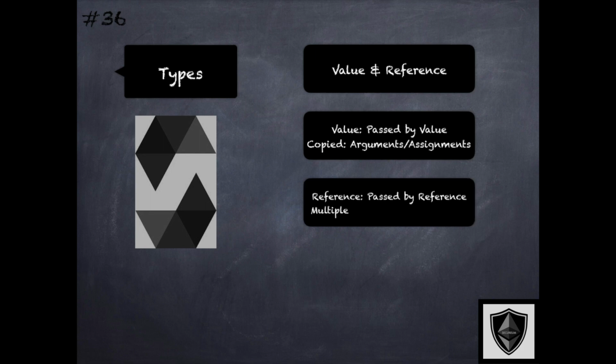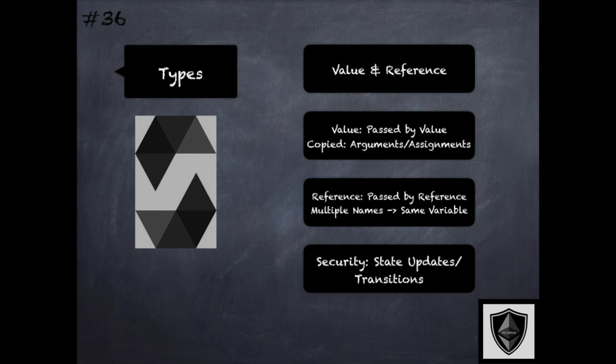In contrast, reference types are types that can be modified via multiple names, all of which point to or reference the same underlying variable. So from a security perspective, you can imagine that this becomes important because it really affects which state is being updated and what those transitions are in the states as affected by the transactions.